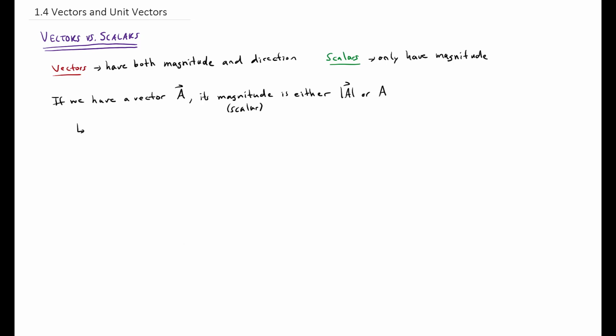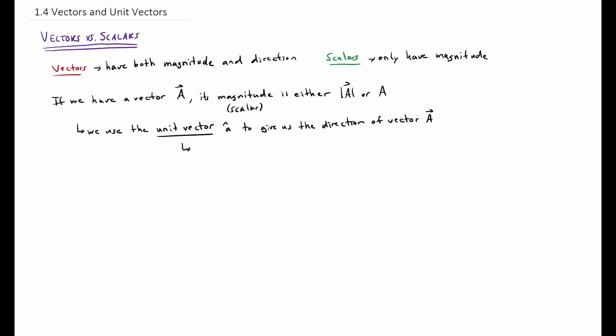So we use the unit vector A hat to give us the direction of vector A. So a few important things about unit vectors.